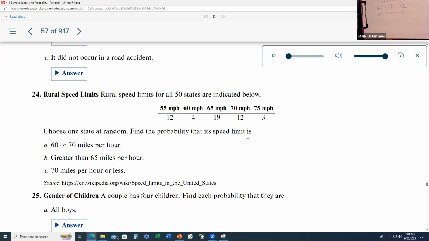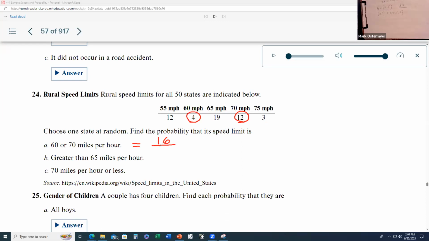Find the probability that a speed limit is 60 or 70 miles per hour. Well, how many ways can this event occur? 60 or 70 miles per hour? Well, that can occur 4 plus 12 ways, which is 16 ways. So 16 of the 50 states have rural speed limits of 60 or 70 miles per hour.